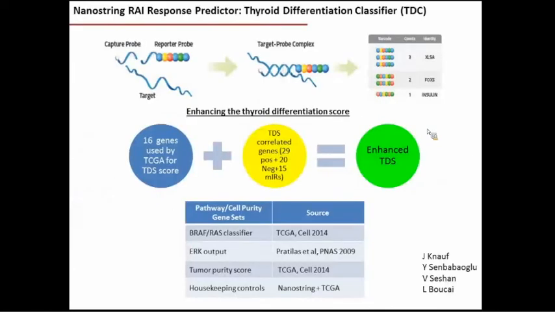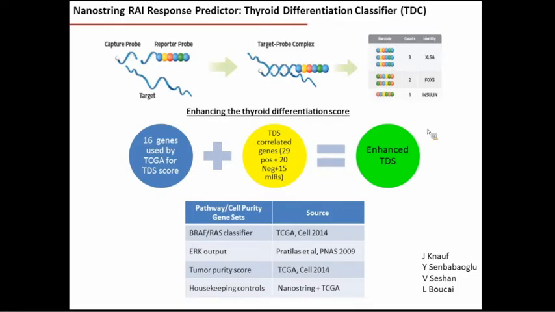The way we decided to monitor this is to use a platform called the NanoString platform. This is an ability to measure multiple messenger RNA transcripts that you can do in paraffin-embedded tissue. It uses an approach that has two different probes that bind to the primary mRNA target.